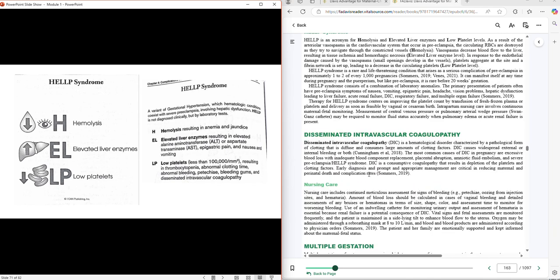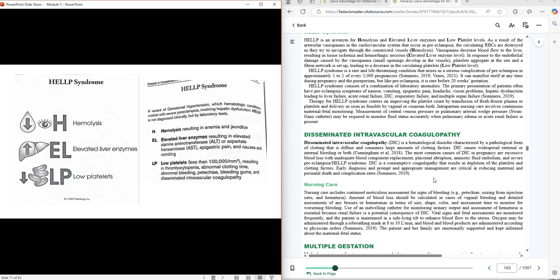DIC is where there's too much clotting. Okay, there's so much clotting, a large amount of clotting factors, and the most common cause in pregnancy is excessive blood loss. Okay, so when they have the placental abruption or severe preeclampsia, HELP syndrome, it over clots.